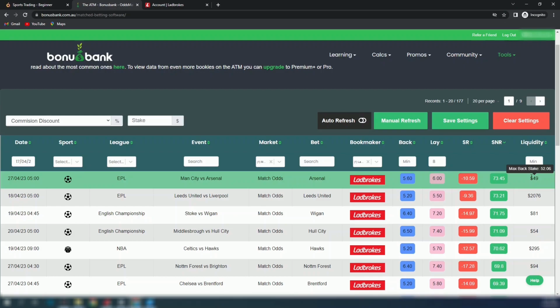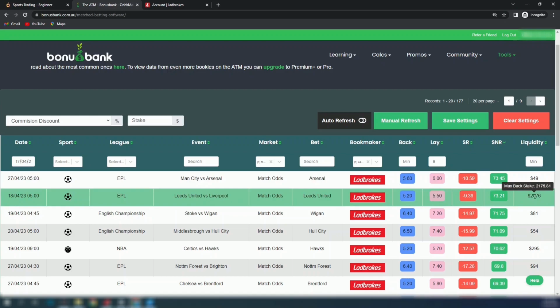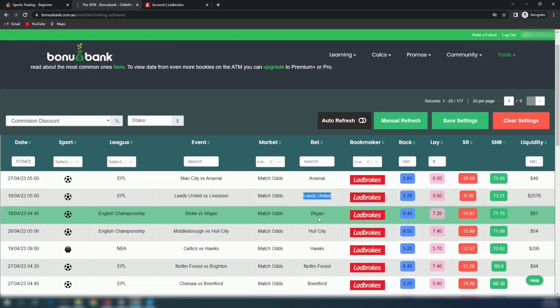So since we don't have enough liquidity there, we'll head down to the Leeds versus Liverpool game. We're still up over 70% with a 73.21% return on bonus and plenty of liquidity there with a max back stake of over 2,000.